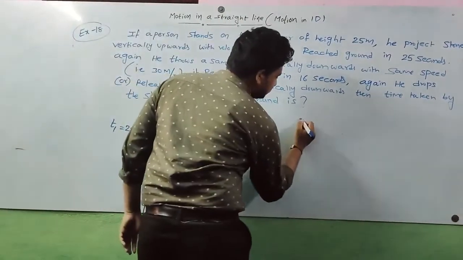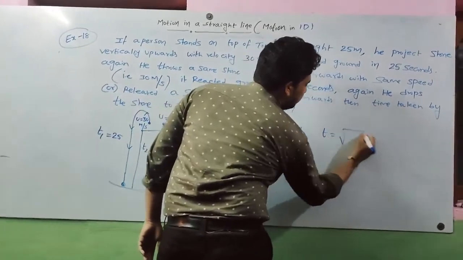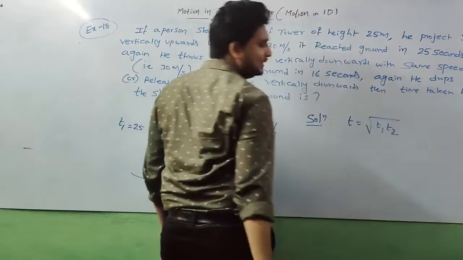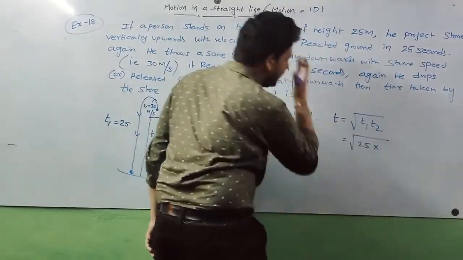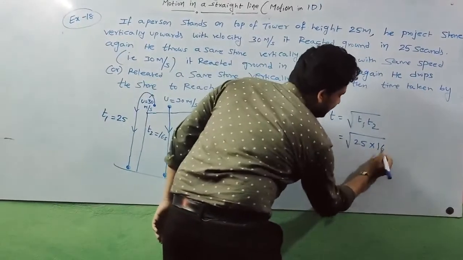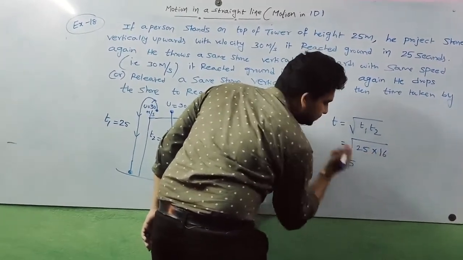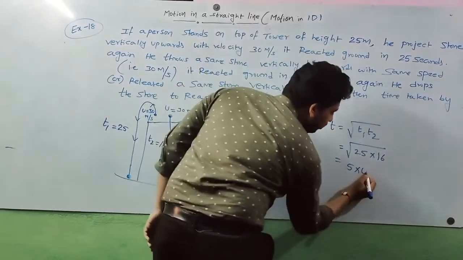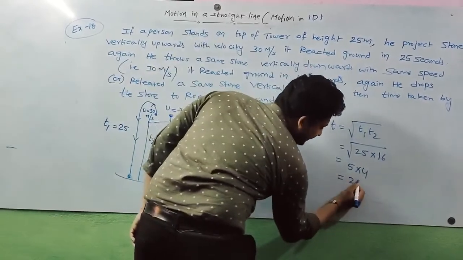The relation between T, T1 and T2 we already discussed in the application: T is equal to root of T1 into T2. The T1 value is 25 seconds and the T2 value is 16 seconds. So 25 into 16: root 25 is 5 and root 16 is 4. Then 5 into 4 is equal to 20.